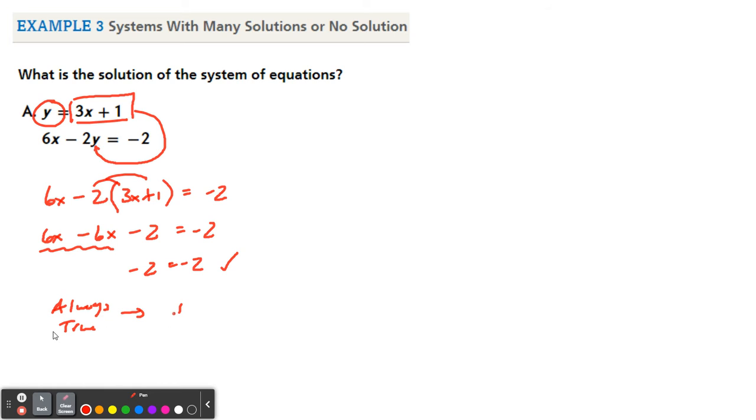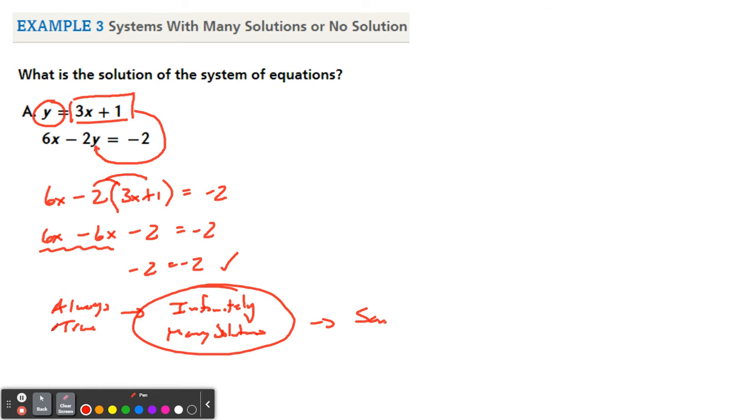So because it's always true, that means that this is going to have infinitely many solutions. Remember visually, right? If two equations have infinitely many solutions, that means they are the same line. So that's a little added bonus from section 4 or lesson 4.1. But this has infinitely many solutions.